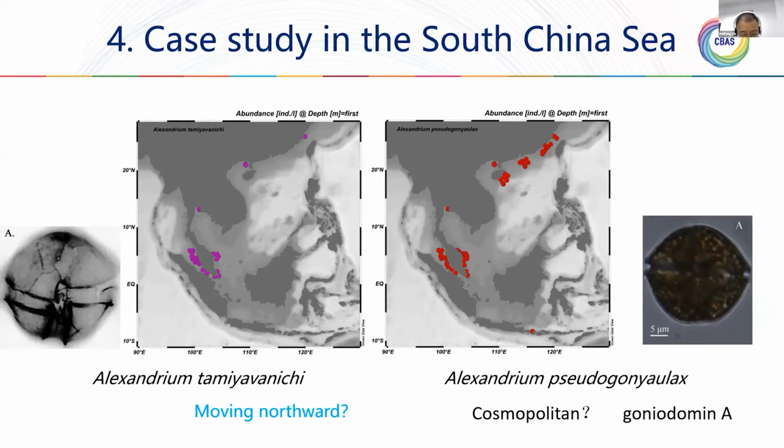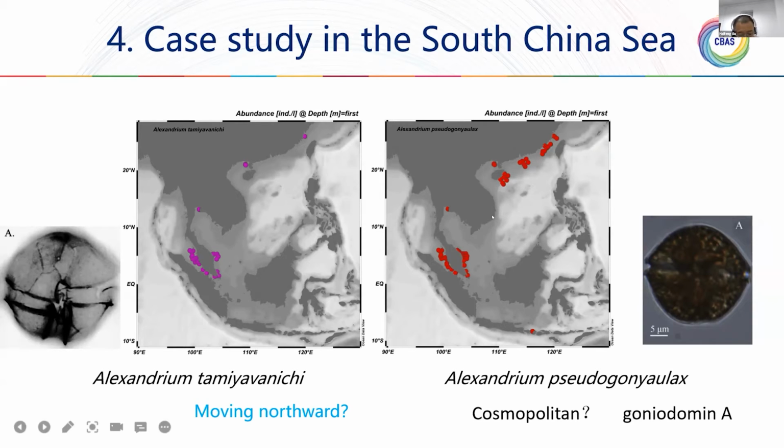Alexandrium tamiyavanichii was originally described from the Gulf of Thailand, and it has been reported in Beibu Bay recently. However, its occurrence in the Taiwan Strait has never been reported. Whether this is a recent dispersal due to warming is an open question.